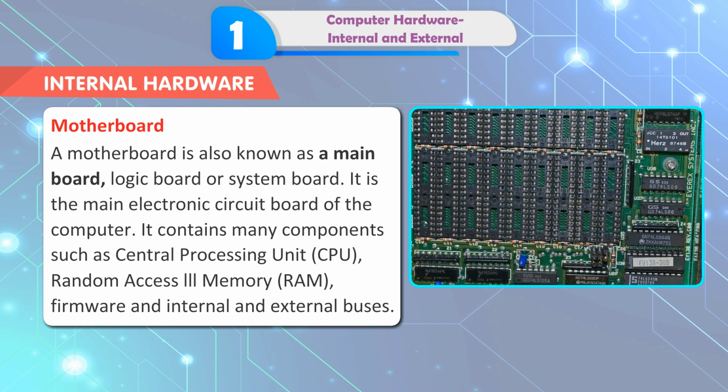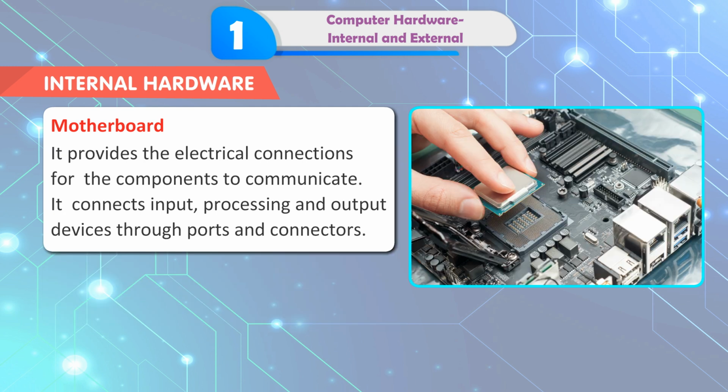It contains many components such as the central processing unit (CPU), random access memory (RAM), firmware and internal and external buses. It provides the electrical connections for the components to communicate. It connects input, processing and output devices through ports and connectors.